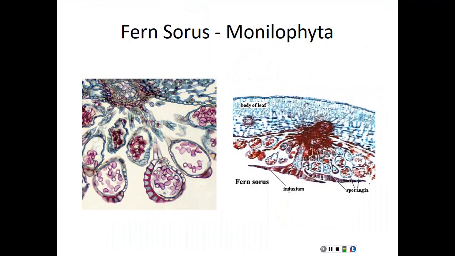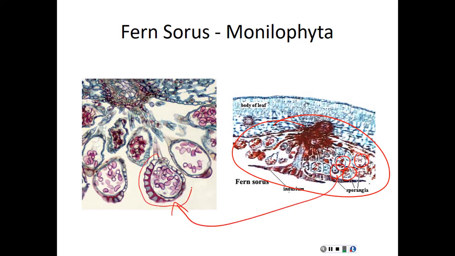Here is an up close of one of these sori. Each of these sori has numerous sporangia. There's a sporangium, singular. Within this sporangium, we are making spores. Take a second and think about this. We have many spores being produced in each of these little stalked sporangia.